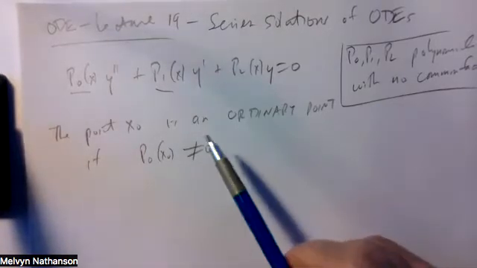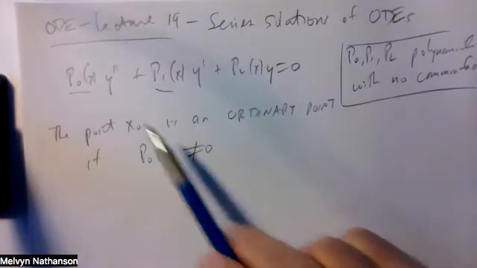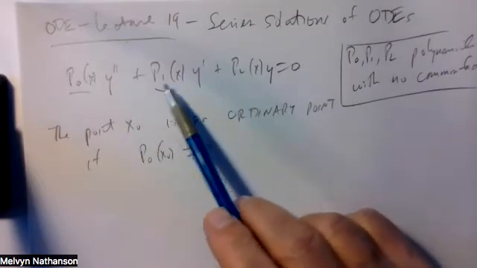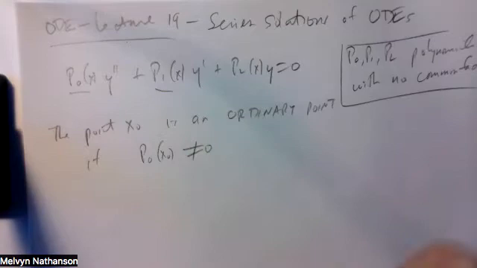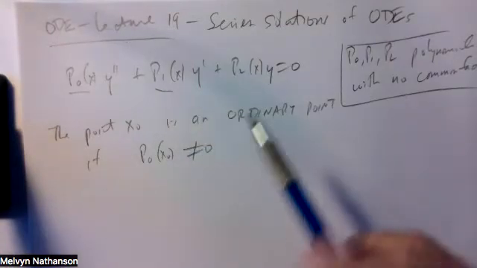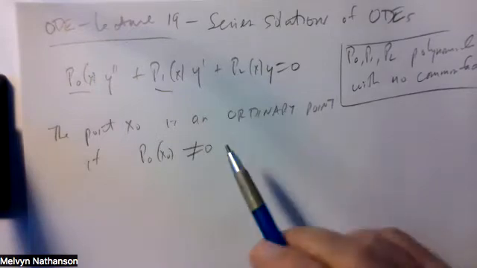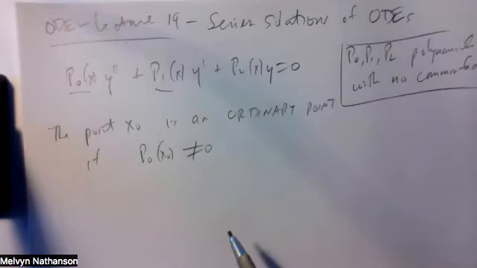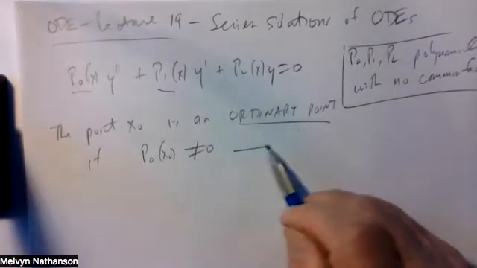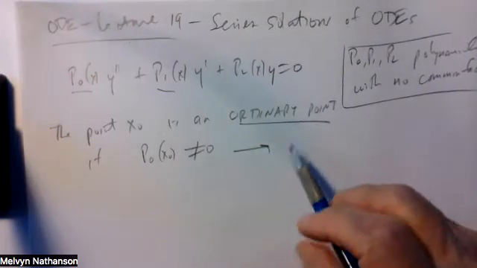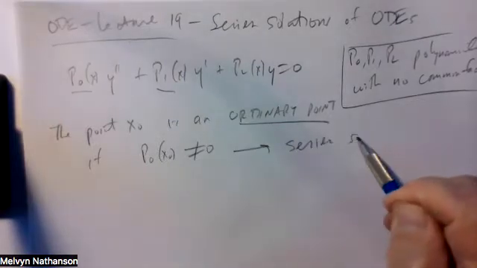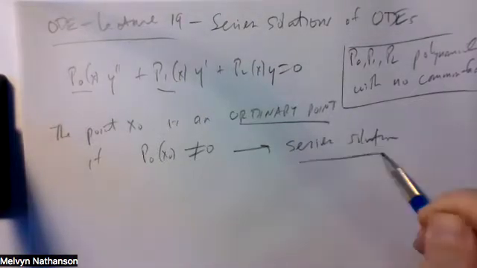And in that case, around x naught, you can divide by this. You get a polynomial where the coefficient of y double prime is 1. And there's a general theorem that says that such an equation has a unique solution for any initial values at x naught in some open interval around x naught. That's an ordinary point. And when you have an ordinary point, we saw that there's always a series solution, an infinite series solution.